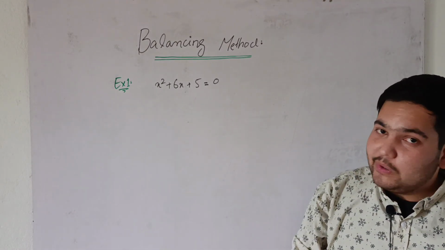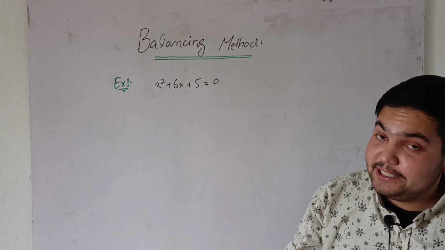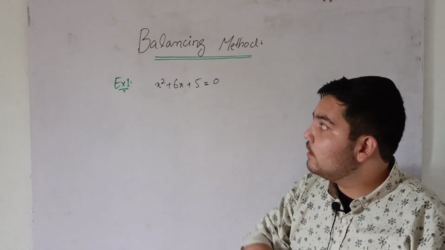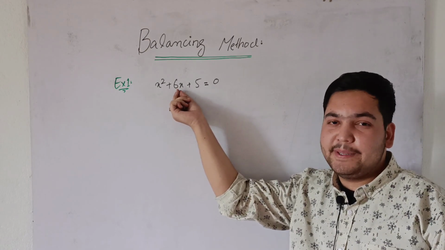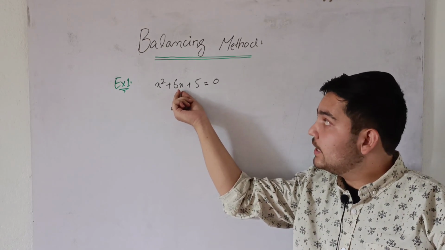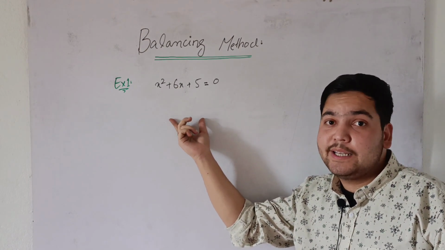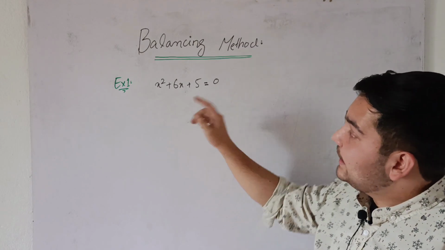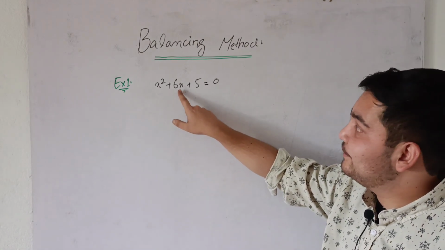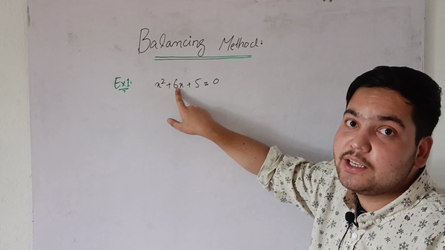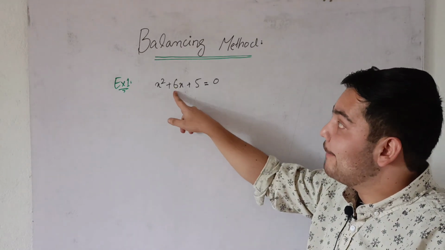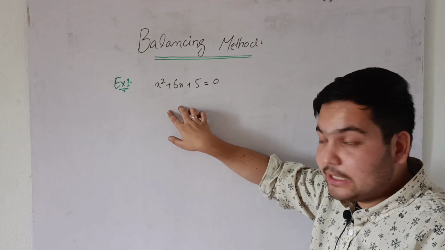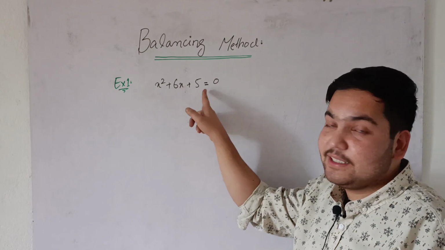In the balancing method, or splitting method, you have to split the middle term, the single x term, into two terms such that after adding these two terms we get plus 6x, but we will also see the next condition, that by multiplying these two terms we will get this term.